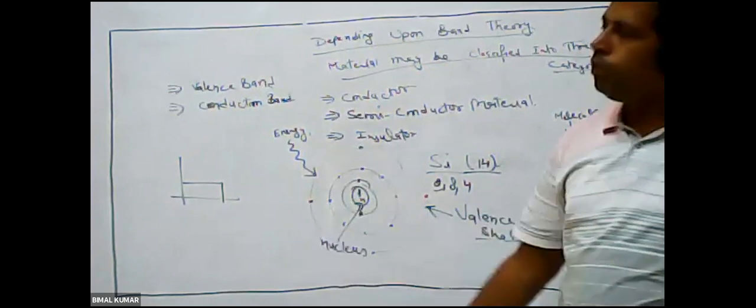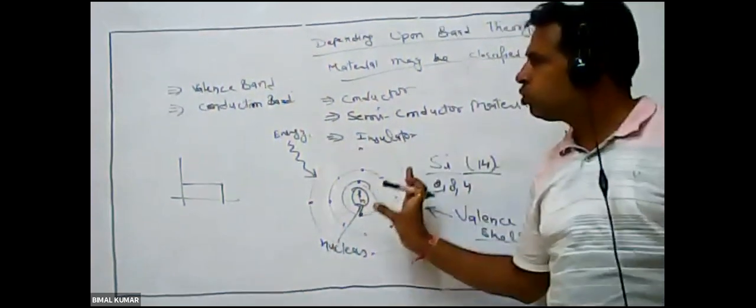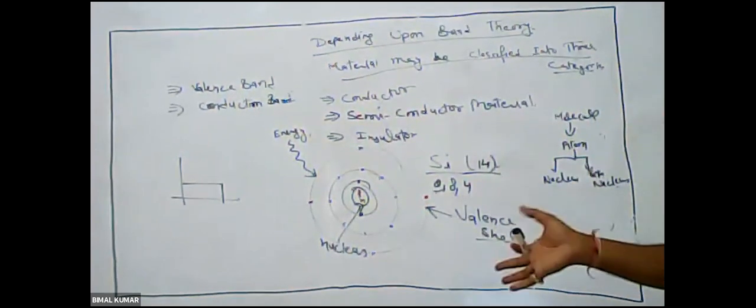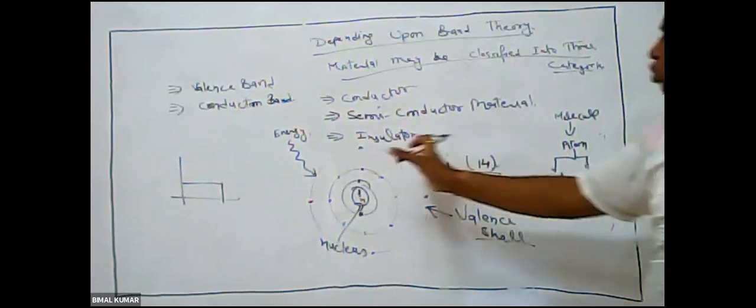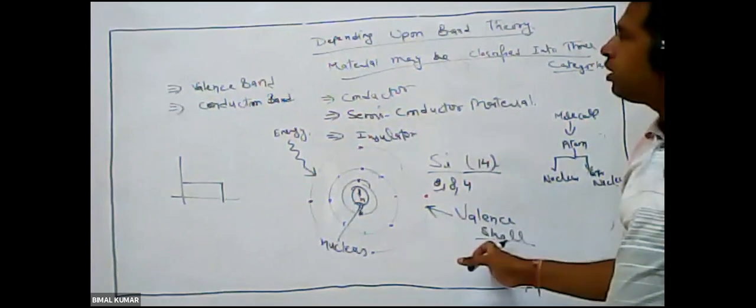These electrons are always rotating in a fixed path, and this fixed path is known as an orbit. The outermost orbit or outermost shell is known as the valence shell or valence band.